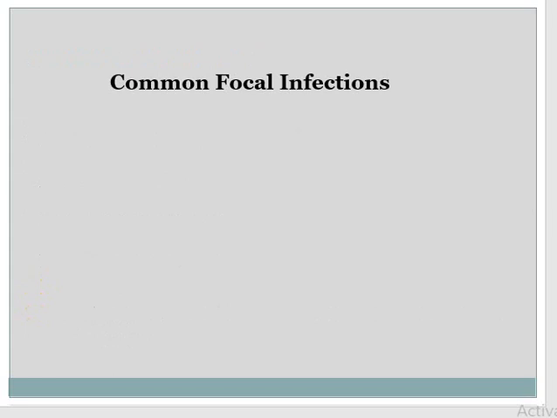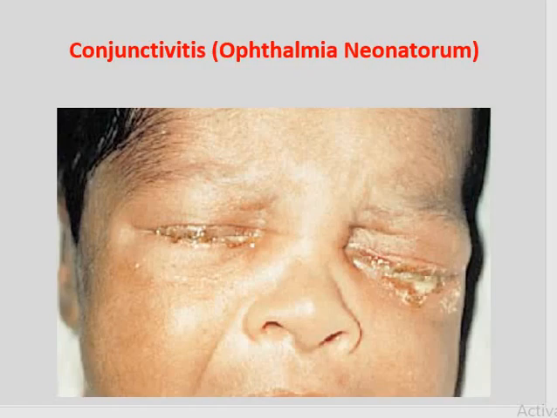We will talk now about other common infections, what we call focal infections. The most common one is conjunctivitis, or what we call ophthalmia neonatorum. Look at the eyes of this neonate. There is purulent discharge from the eyes.